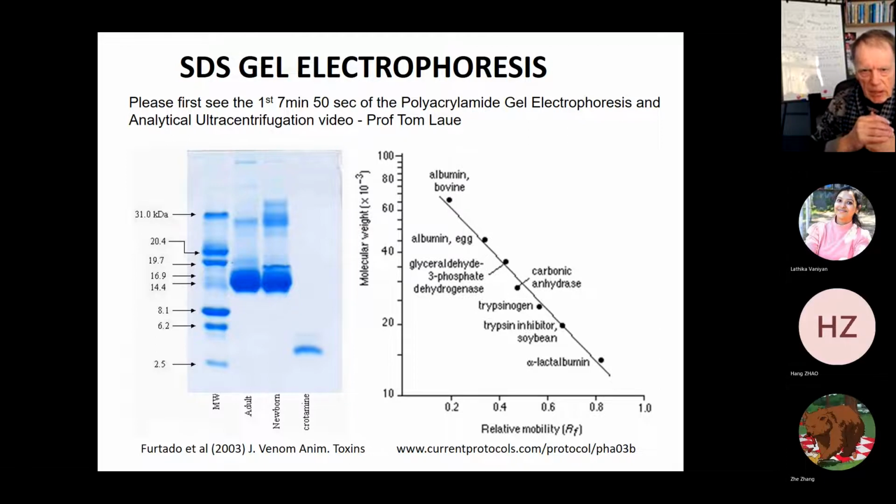And this is polyacrylamide gel electrophoresis, and it refers to protein molecules, the measurement of molecular weight of proteins, again, relative to standards. So the measurement of the molecular weights of proteins relative to protein standards using this technique.